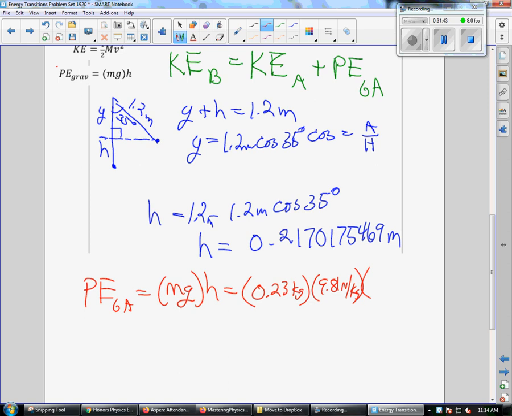Most shortcuts only work on the exact same situation. So I get my PE grav of A is 0.490 joules.